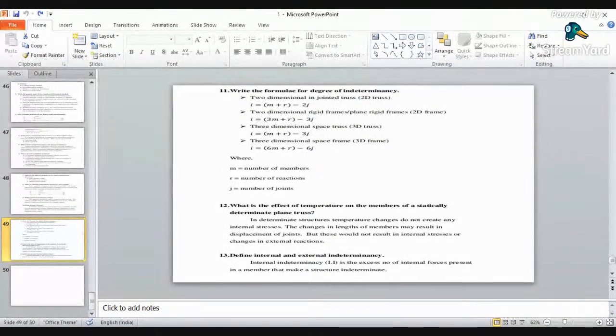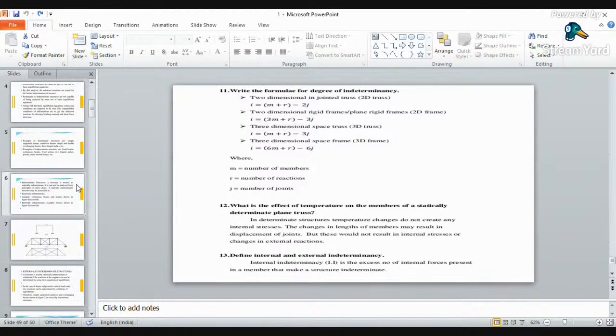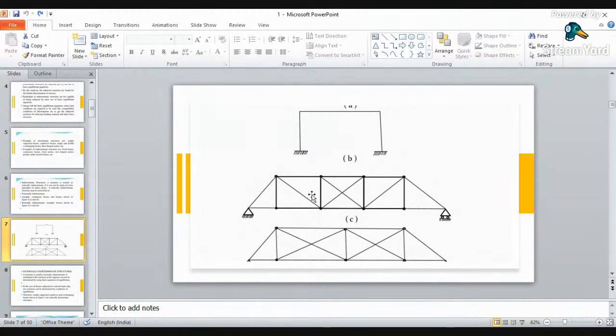Again, one more thing. Here, observe this figure. It is a plane 2D truss. Okay, see here. Only nodal joints are there.